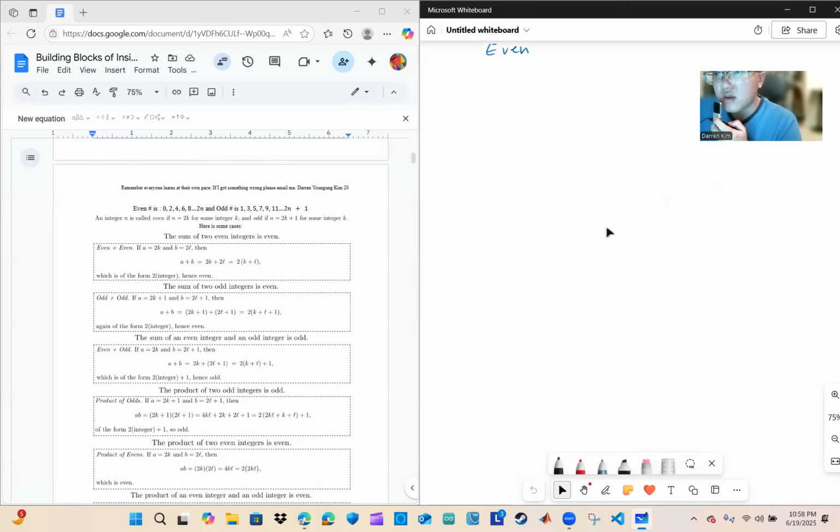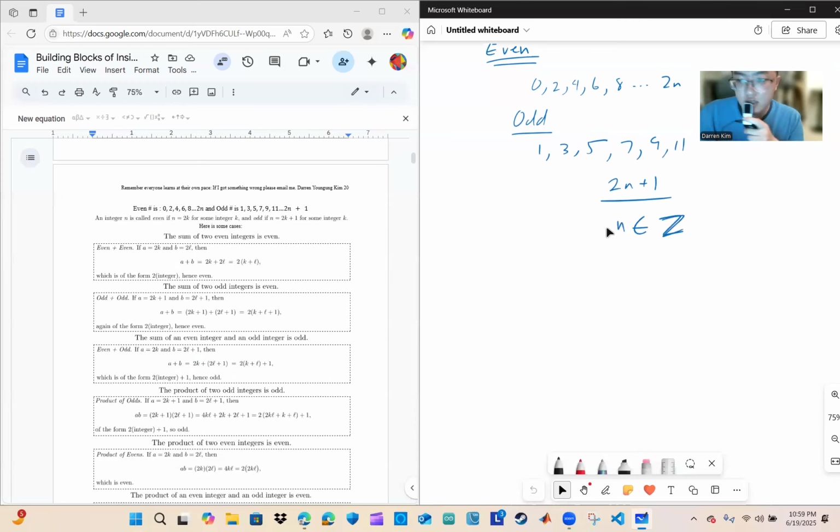Even over here, as you can see now, is much more clean. Even is 0, 2, 4, 6, 8, all the way up to 2n. Odd is basically 1, 3, 5, 7, 9, 11, which can be defined as 2n plus 1. n is the integer, which we will say contains all integers possible.